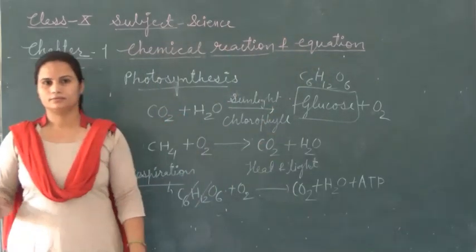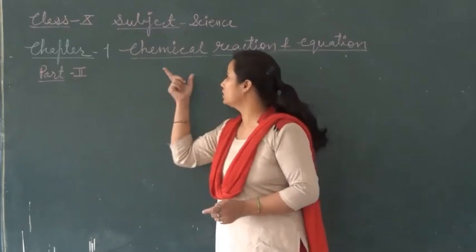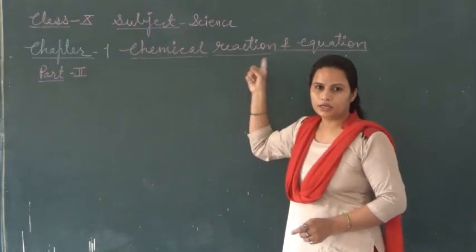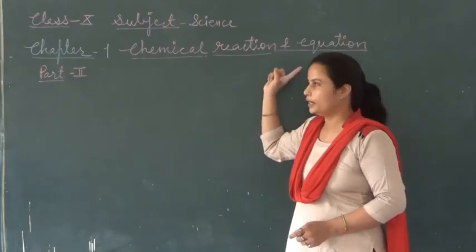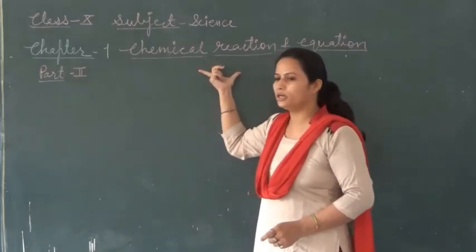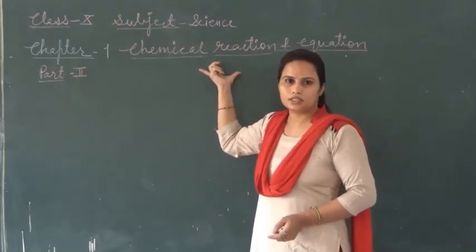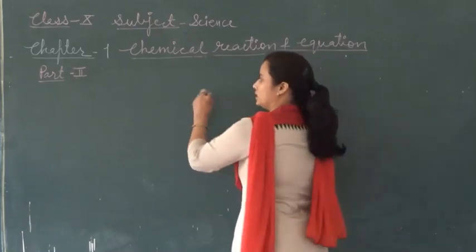Hello students, in my previous lecture I told you about the chemical reaction and equation: what is the meaning of chemical reaction and equation and how the chemicals are formed. Now, during a chemical reaction there are such changes. It means in a chemical reaction two types of changes occur.